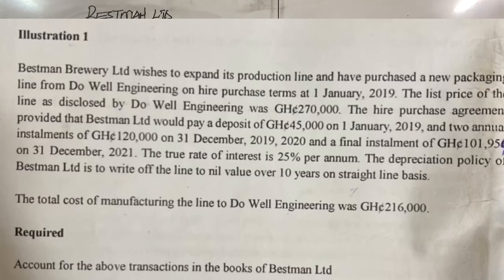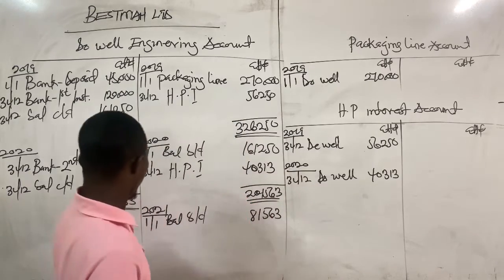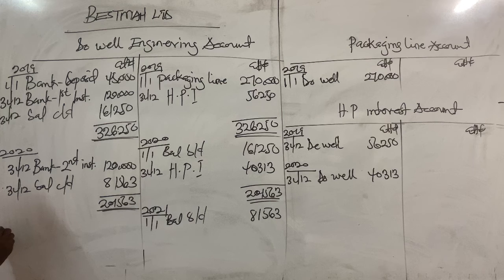And from the question, there is also a final installment of 101,954 on 31st December 2021. So another installment. So we come to 2021.